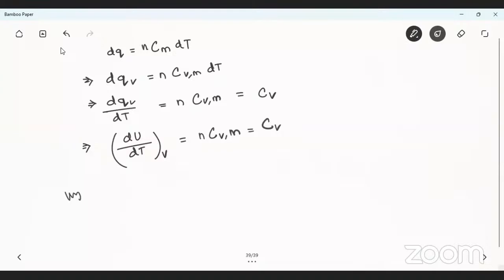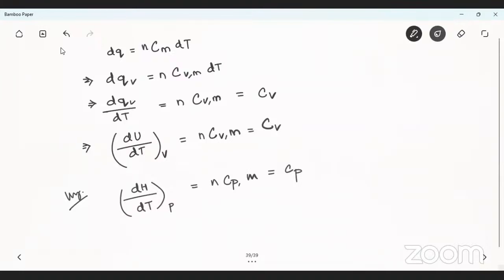Similarly, dH by dT at constant pressure is equal to n CPm, which is CP. So for U it is CV, and for H it is CP. This is another important derivation.